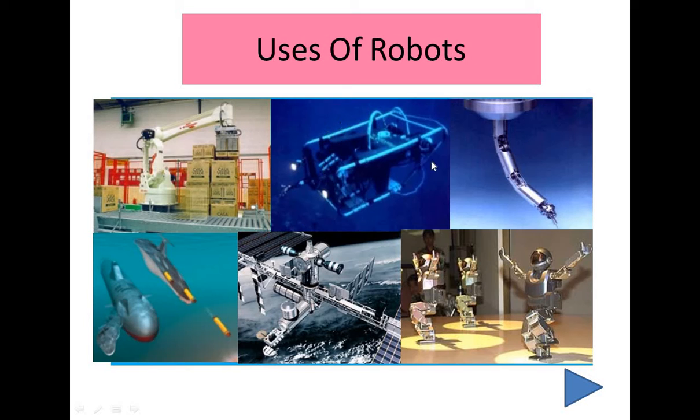These are like submarines which explore the sea. This is also a submarine. These are used by doctors in surgeries. This satellite is used to discover planets, and these robots are used for entertainment and so on.